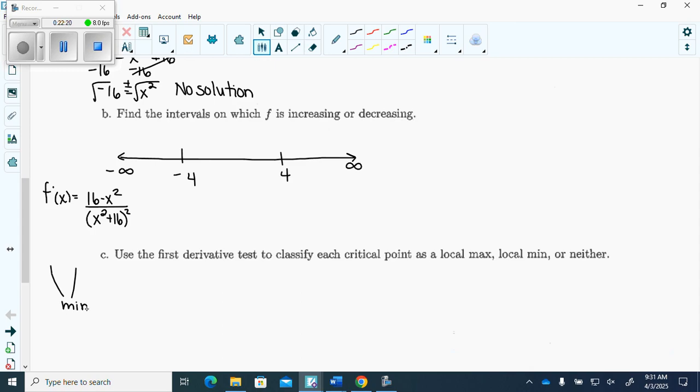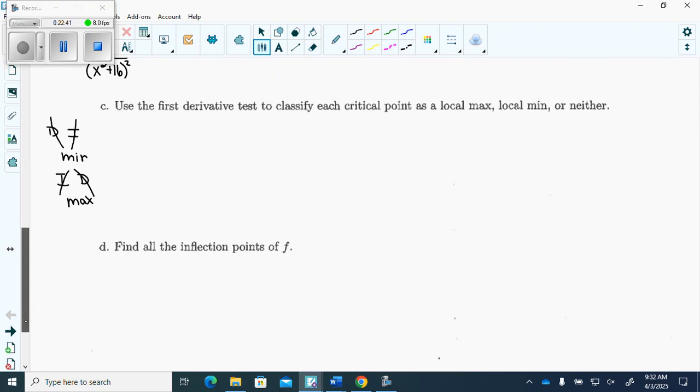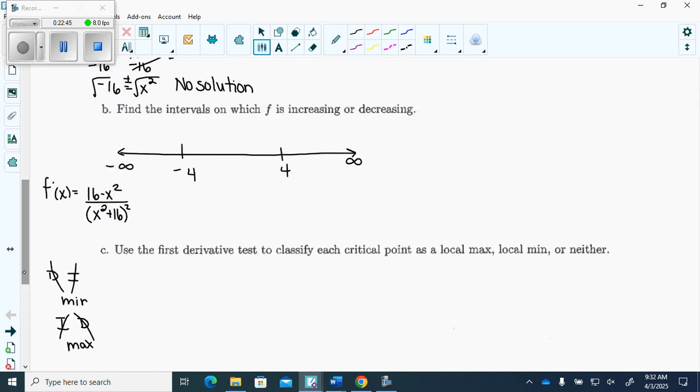Min. And if it's increasing to decreasing, you have a max. Right? That's your first derivative test. And then find the inflection points. You just need to find the critical numbers of the which derivative? Second derivative. Someone whispered it.